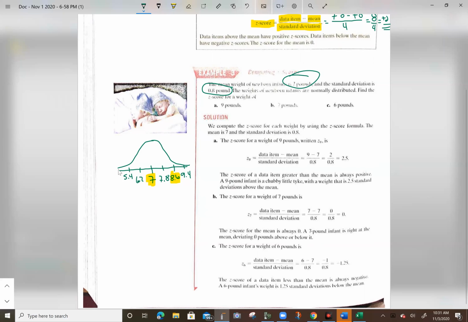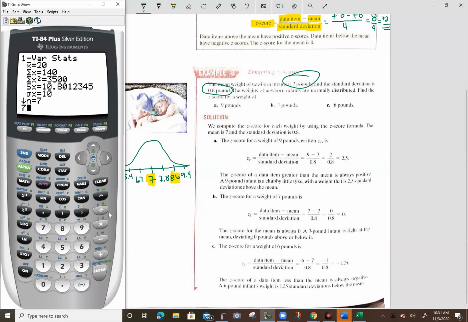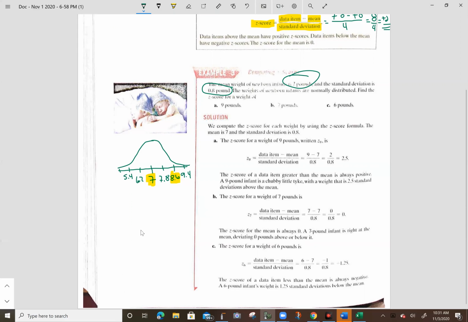And then I have to use my calculator. I don't want to mess this up. So 7 minus 0.8, minus 0.8, minus 0.8 gives 4.6.